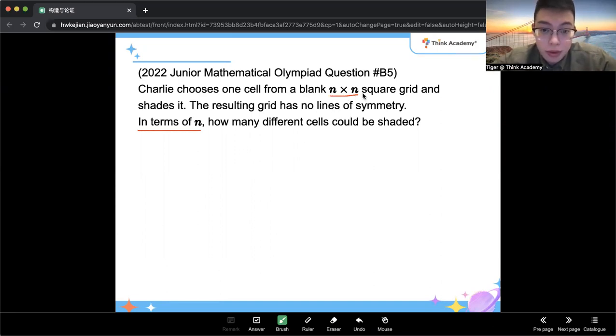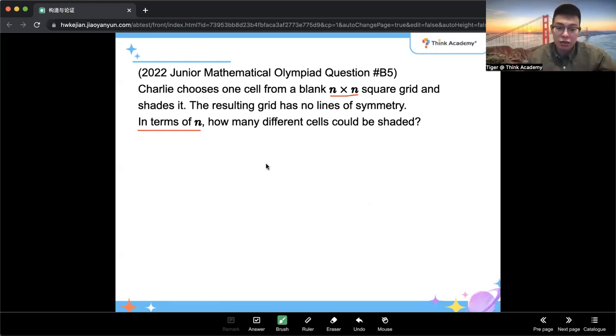So for an n by n square grid, if you shade one cell and the resulting grid has no lines of symmetry, how is that going to work? Basically, as I said, we need to observe it. The best way to observe it is through trial and error.